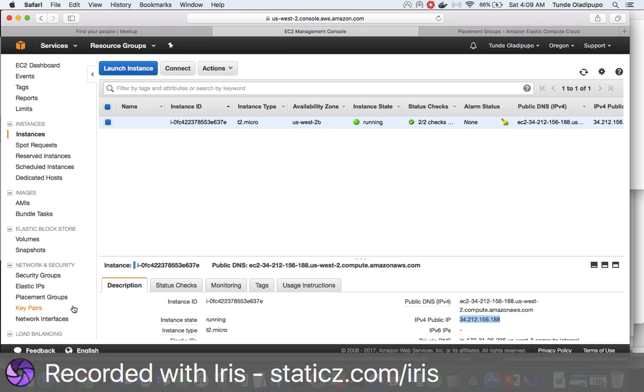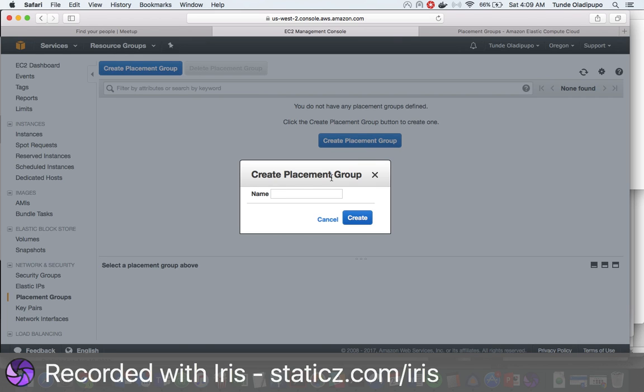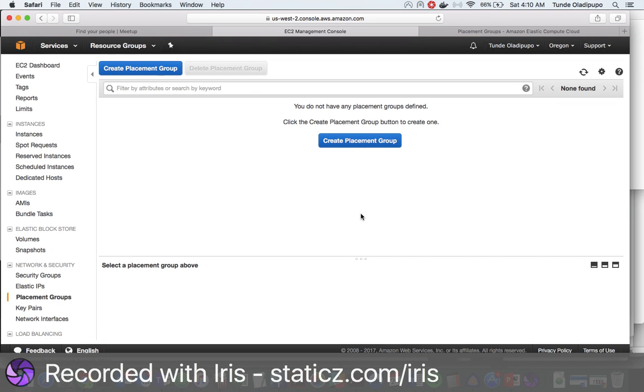Now, I would have loved to give you an example of a placement group. Let me go to my placement group. Yeah, let me create a placement group. The name of a placement group must be unique in your account. Let's just say low latency.